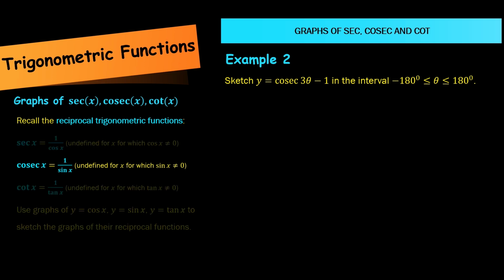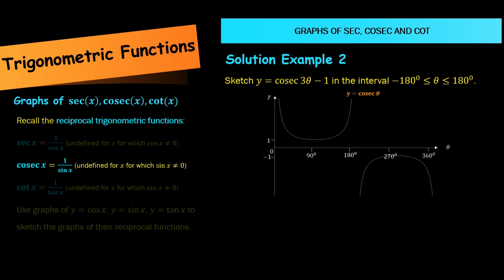Cosec x equals 1 over sin x. So we're going to focus on this particular graph. Here's a sketch of y equals cosec theta. However, we're required to sketch y equals cosec 3 theta minus 1. So let's do this step by step.